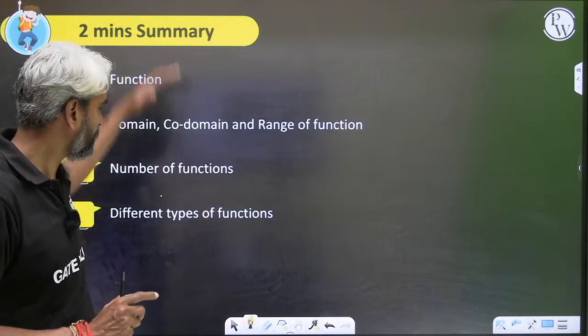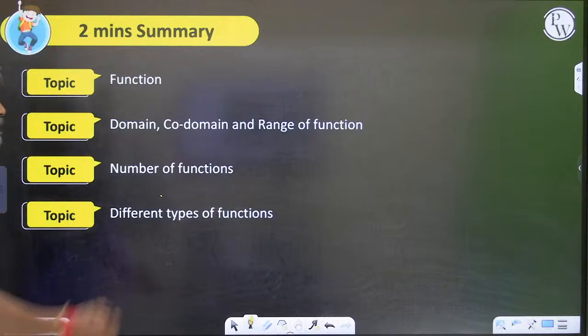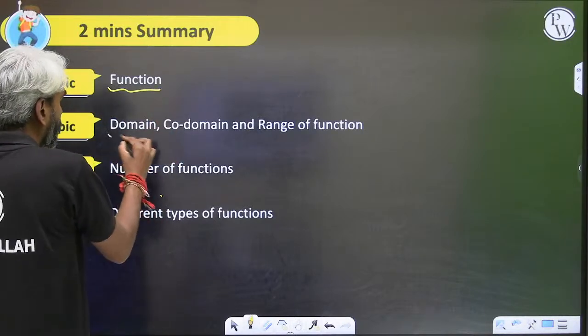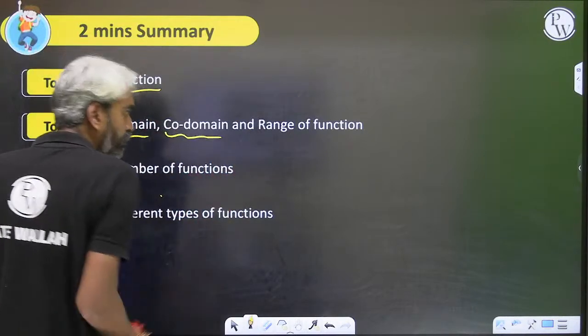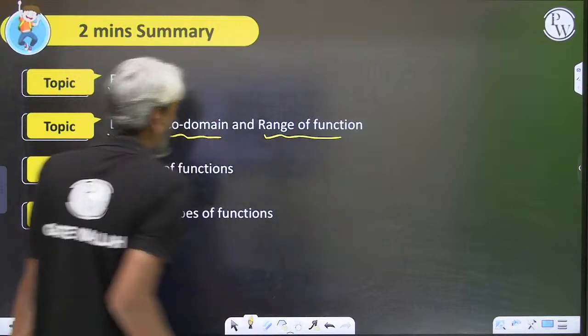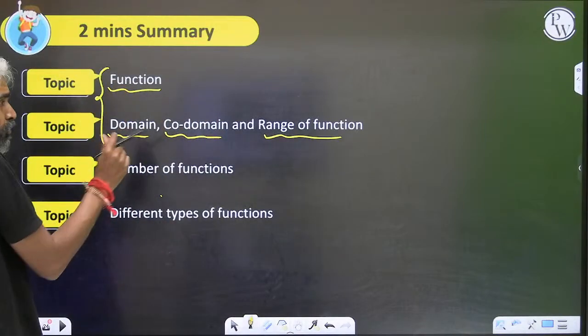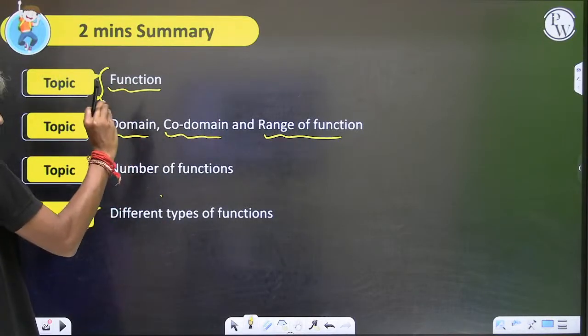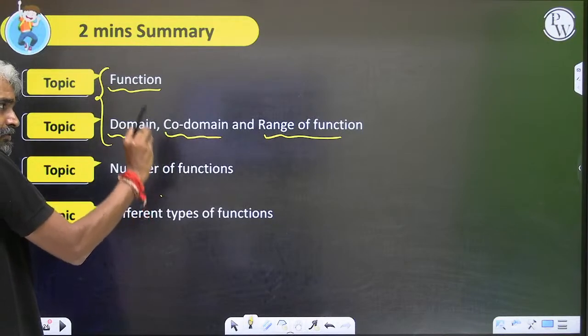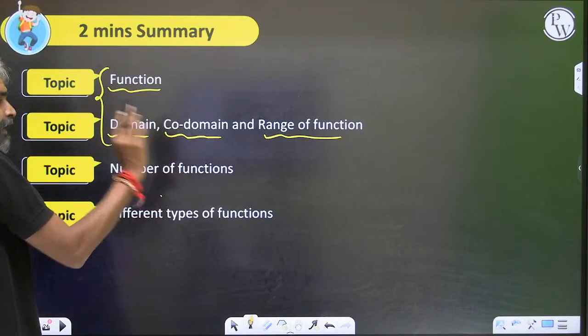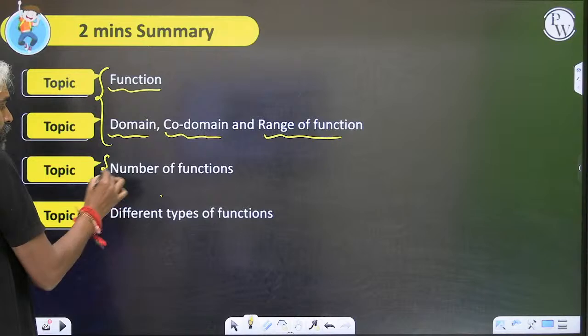But for that, what we discussed today is important: what actually a function is, what we mean by domain, codomain, and range of a function. These are important to understand the concept of injective function, that is one-one function, surjective function, that is onto function, and bijective function.